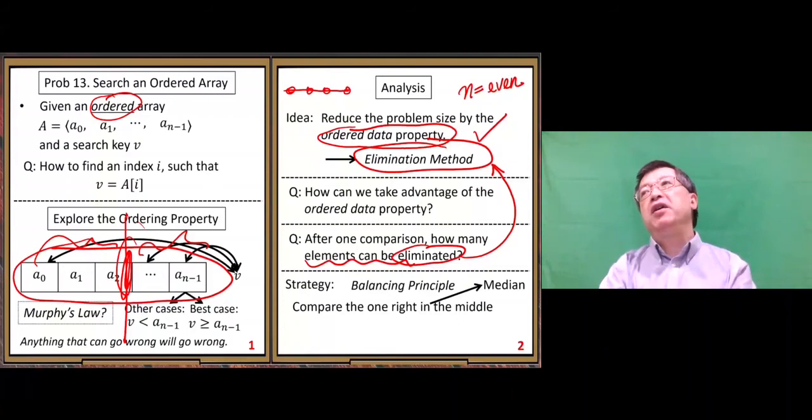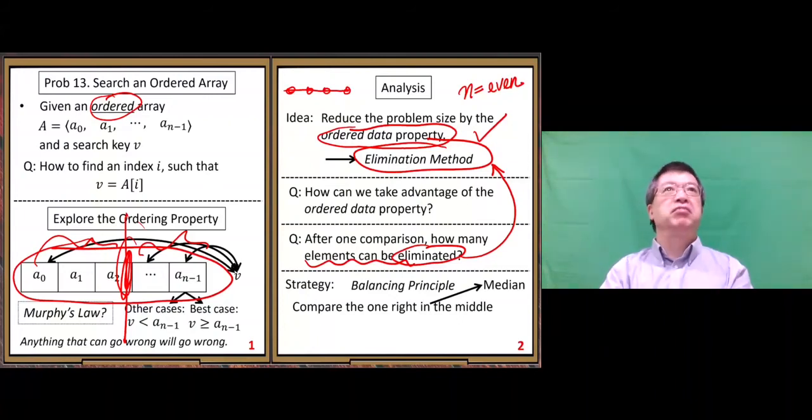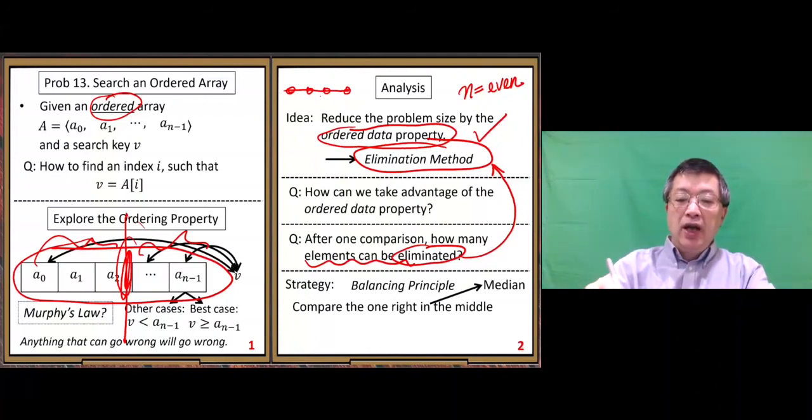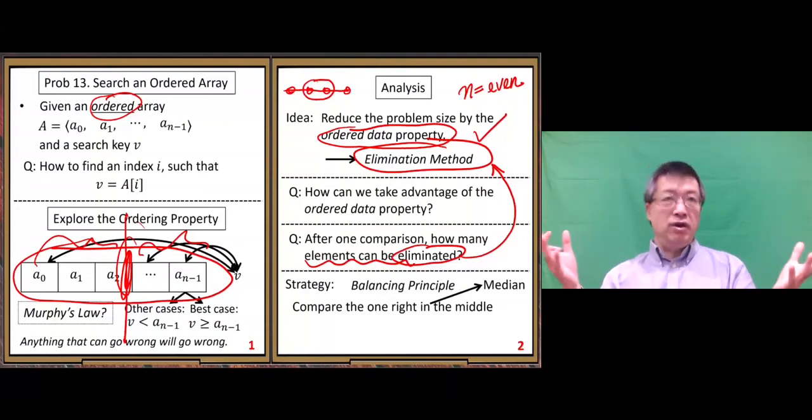Let me give you the definition in computer science, not in math or arithmetic in grade schools. In grade schools, the definition could be different. Our definition is this. Look at these two elements in the middle.